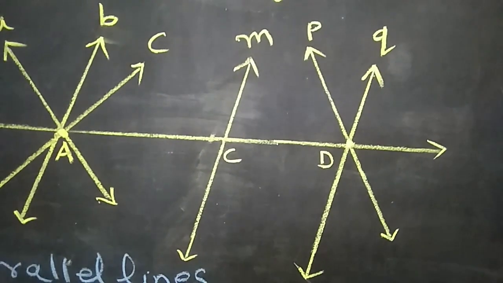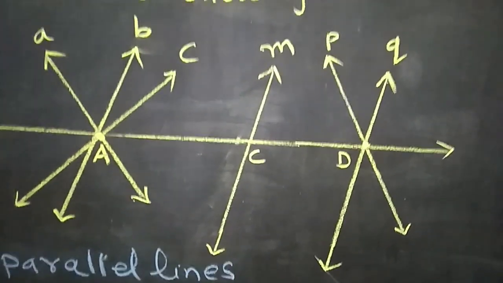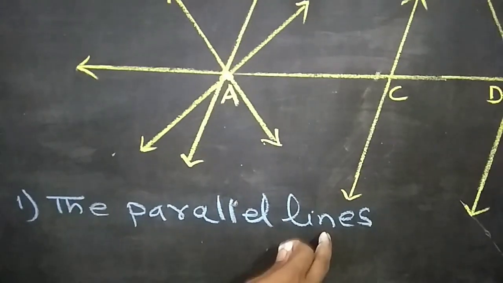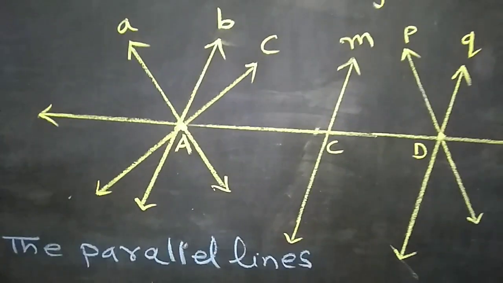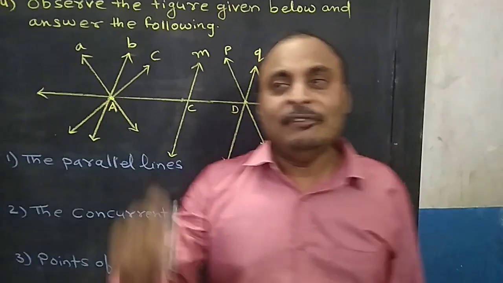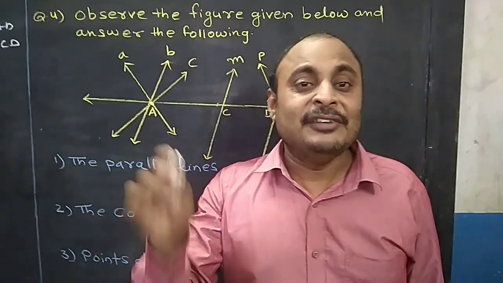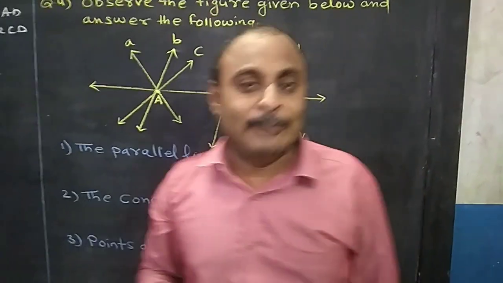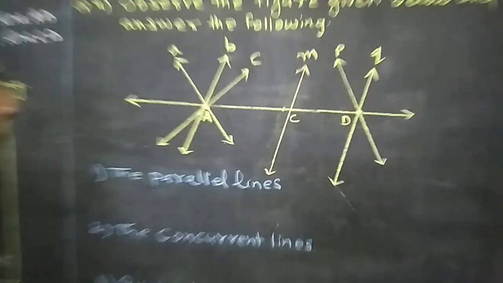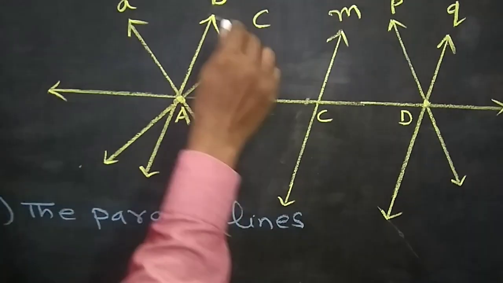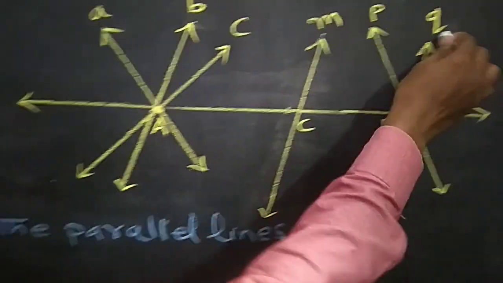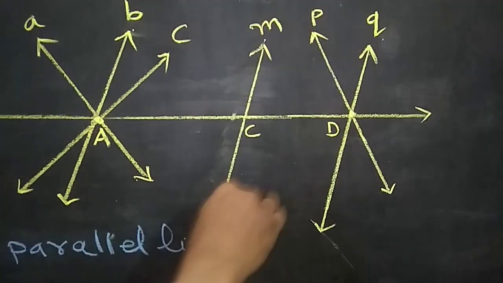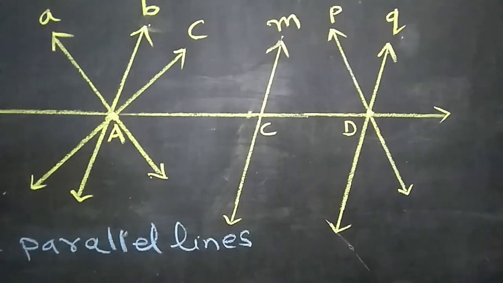Now we have to write down first the parallel lines. Among all these lines, which ones are the parallel lines? Now we know what a parallel line is. Lines which do not intersect each other in the same plane are known as parallel lines. So here you can see line B, line M and line Q. These all three lines are parallel to each other.